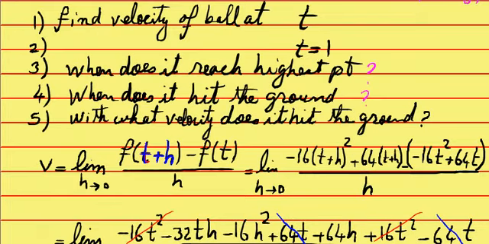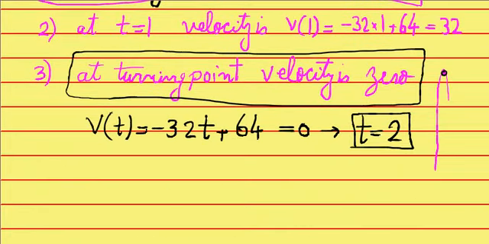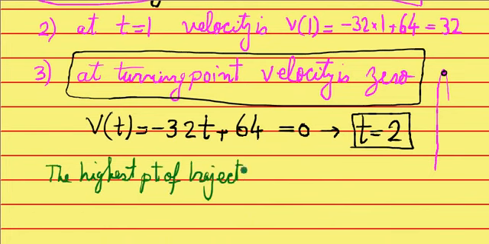The question was, when does it reach the highest point? If I had asked what is the highest point, to figure out the highest point, that's not asked there, but the highest point of the trajectory, how do I find that out?